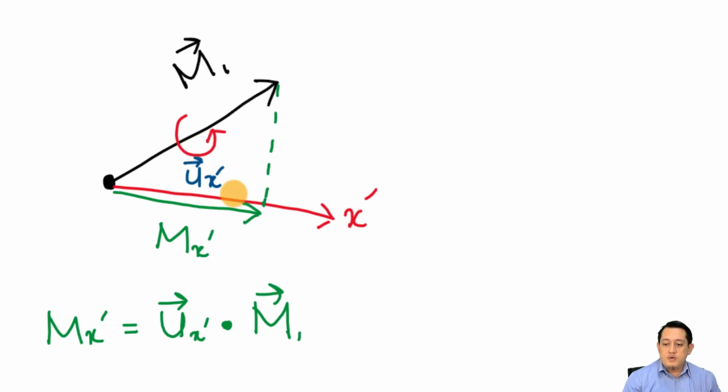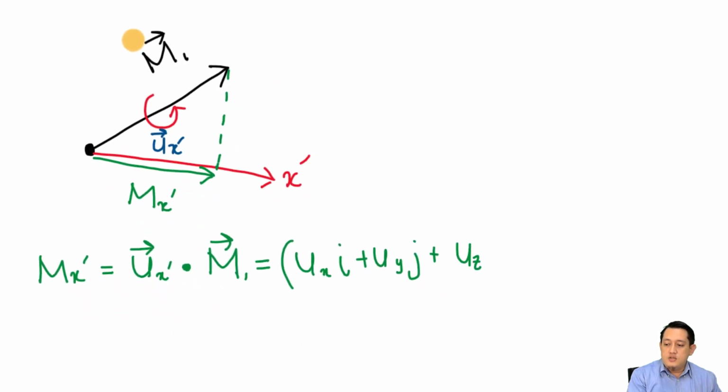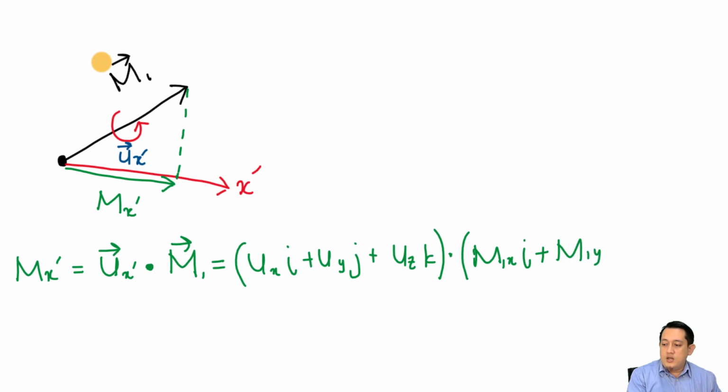So this u x prime dot product with M1 is a vector dot product with a vector. Let's label u x prime as ux i plus uy j plus uz k, and M1 as M1x i plus M1y j plus M1z k. This one dot product with this one.